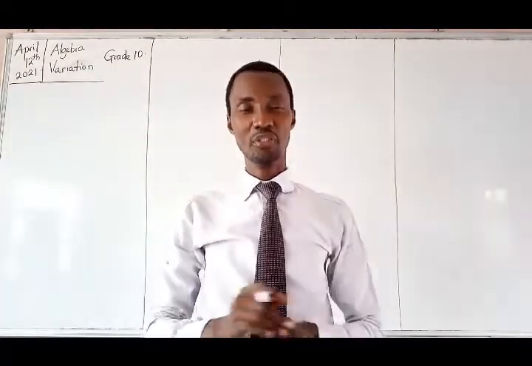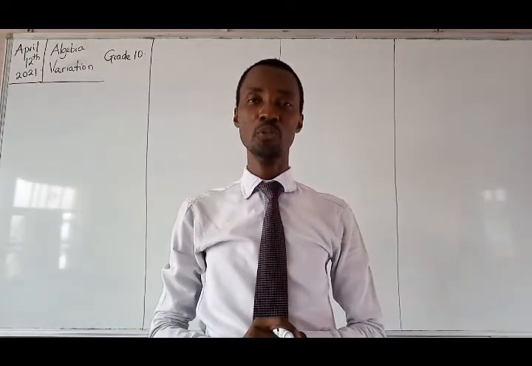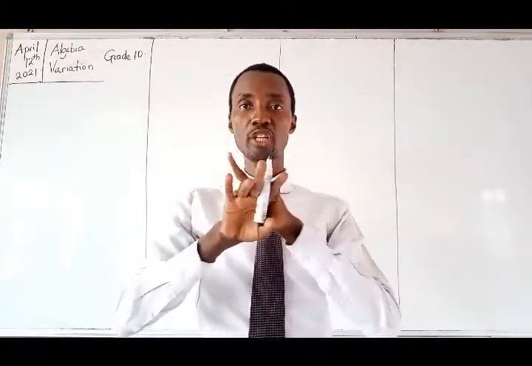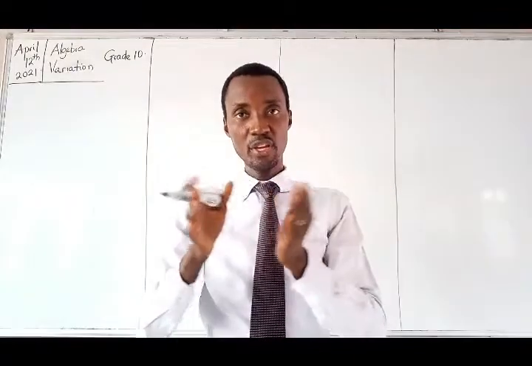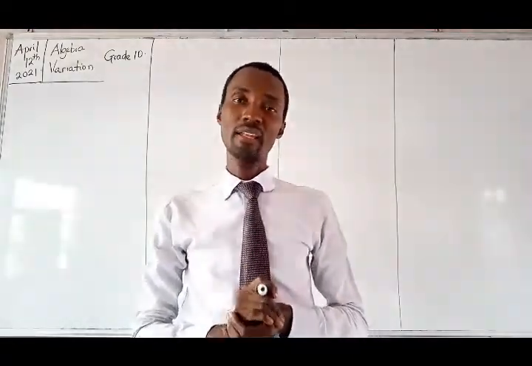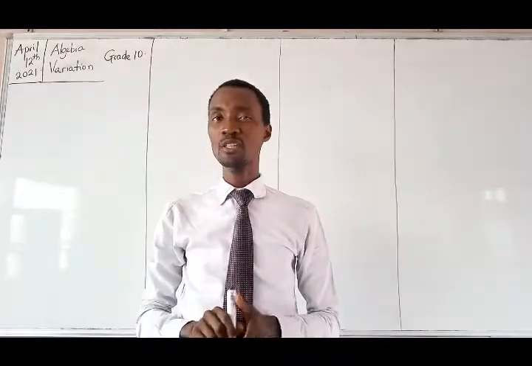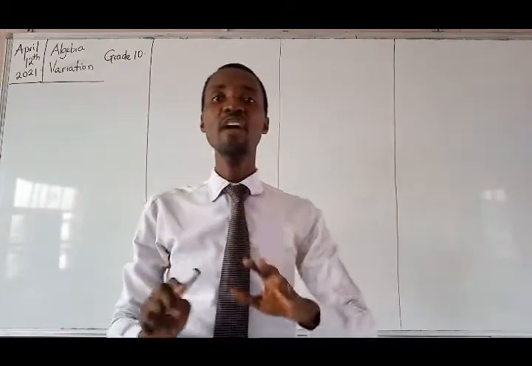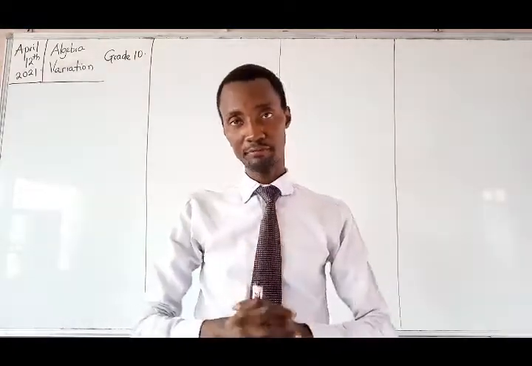So what is variation? Variation essentially applies to an aspect of algebra that is concerned with the interaction or relationship between variables. It's an offspring from the topic change of subject or formula. In fact, change of subject or formula provides a very good foundation for you to understand variation.